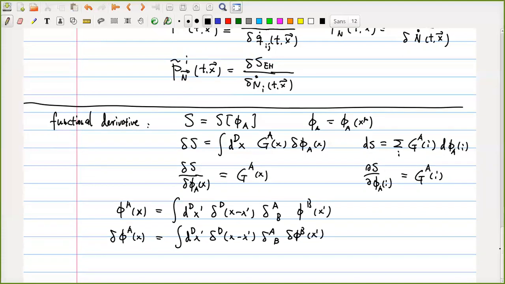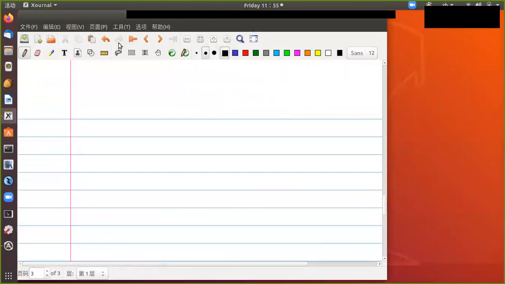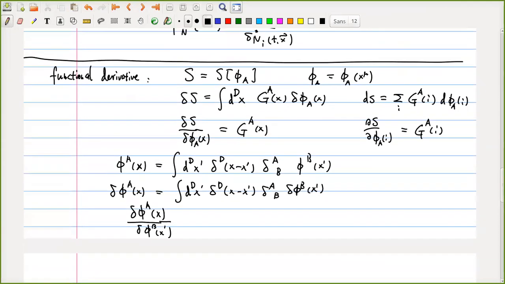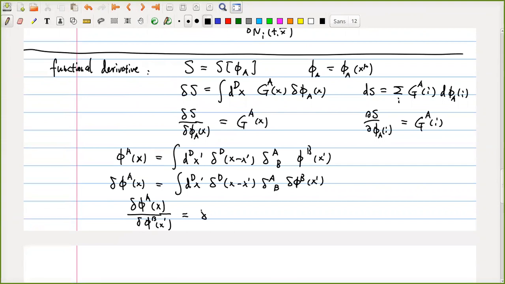So now you can compute the functional derivative of phi a of x with respect to phi b of x prime. From the above calculation, you know what it is. It is just delta(x minus x prime) delta ab, right?